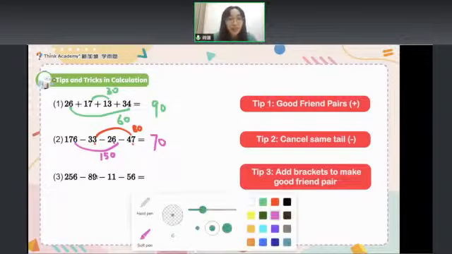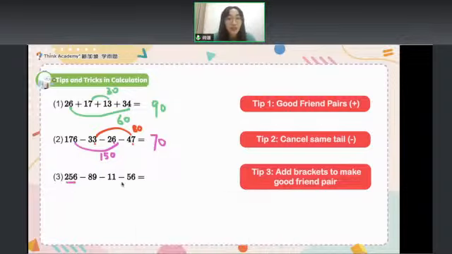As you can see that here, we have 256 minus 56. Same tail, we can just cancel, right? And follow this, minus 89, and then minus 11. 9 and 1 can make good friend pairs. So what should we do? I give you some time and try to type your final answer in the chat box. Have a try.